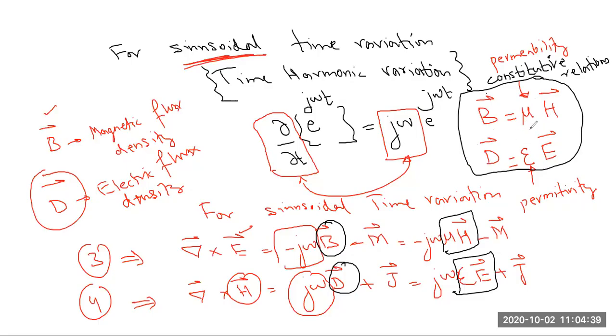Now it's also important that I have used the symbols mu and epsilon. These symbols are used for absolute permeability and absolute permittivity. But we usually represent these properties with respect to free space.